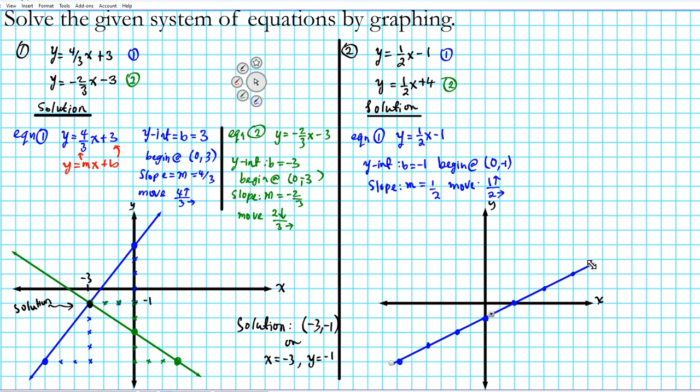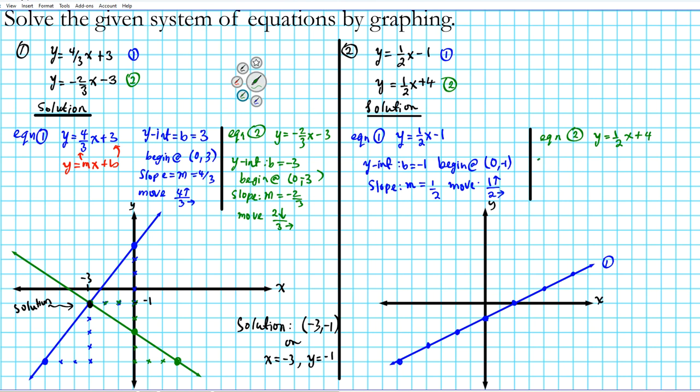Okay, so let's go ahead and draw this equation 2. So this is the first one, equation 1. The second one, we're going to follow the same steps to generate that graph. Okay, so for the second one, equation 2, we have y equals 1/2 x plus 4.